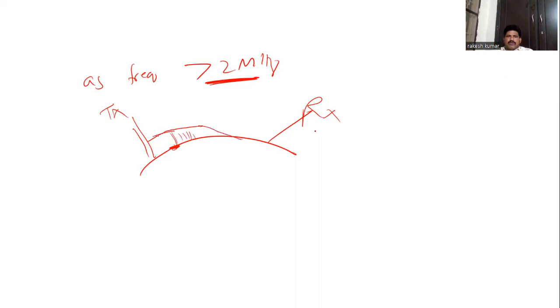Before reaching the receiver, the signal will die off. That's why we do not transmit high frequency signals greater than 2 megahertz very close to the earth surface, due to the earth's absorption.